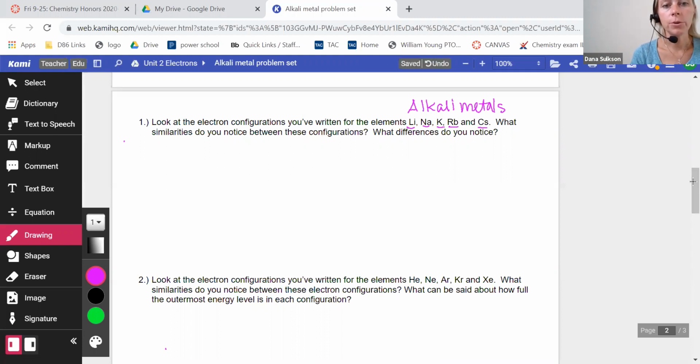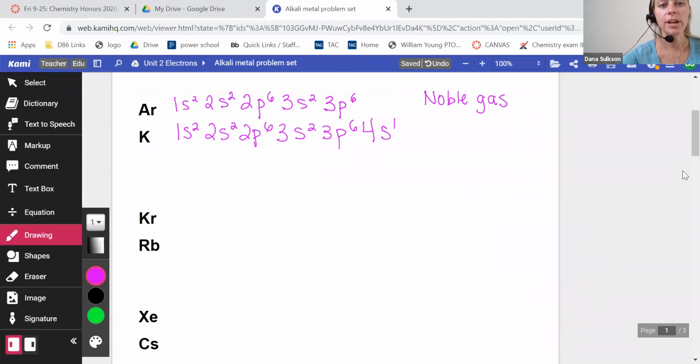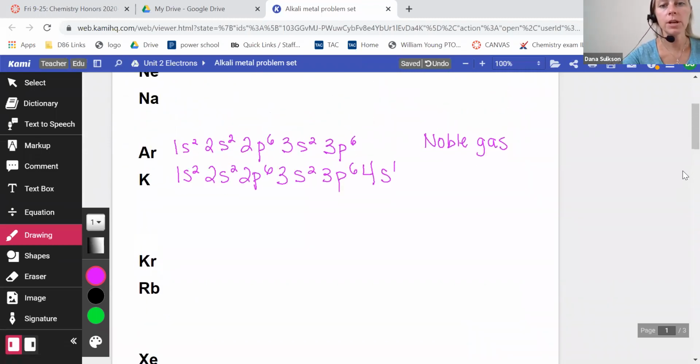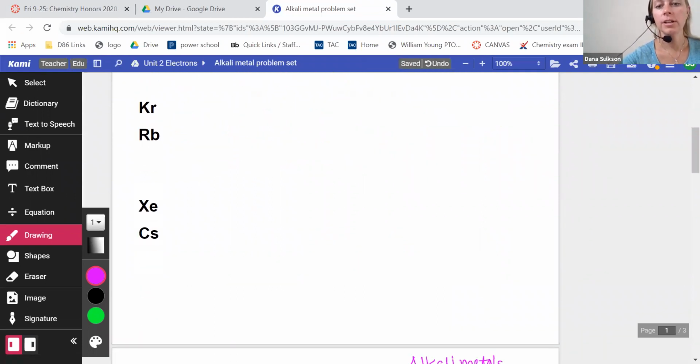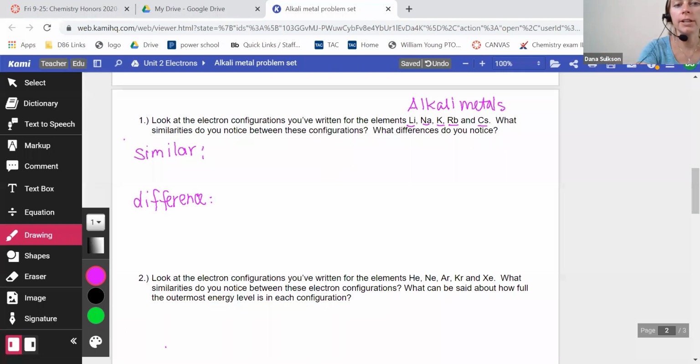What similarities do you notice between these configurations and what differences? So I'm going to note similar and different, since I've asked you to discuss both of them. Okay. So similarly, all of your alkali metals, every one of these, rubidium, sodium, they all have a valence shell of 1 electron.